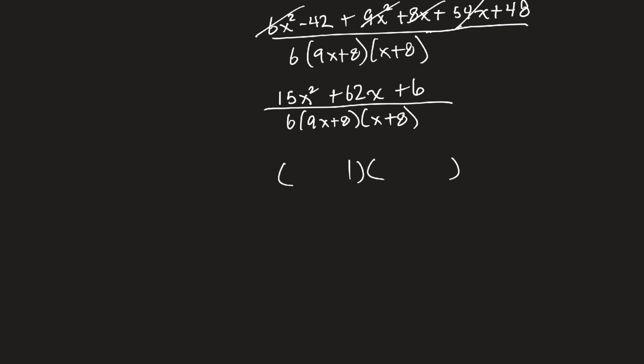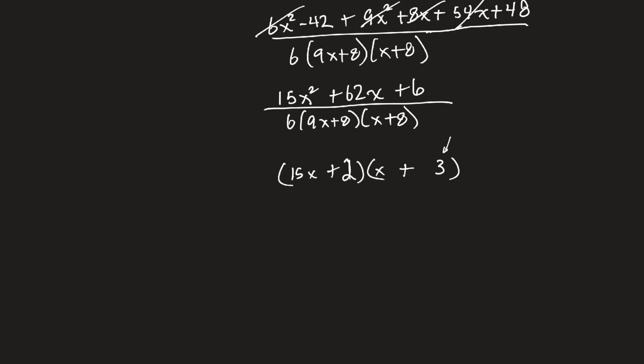That 62 is real high. Maybe I'll try 15x and an x. And then 6. If I went 6 there on this side here, that'd be 90. That's too high. Maybe a 3 there and a 2 here. 45 plus 2 is 47.